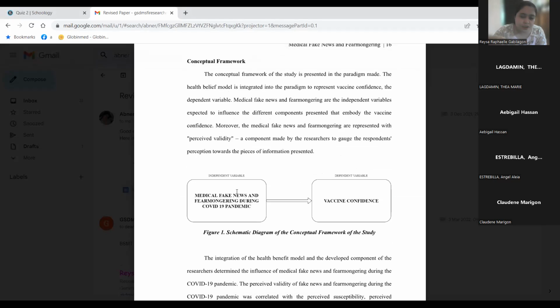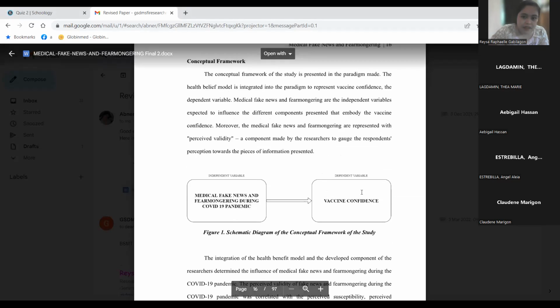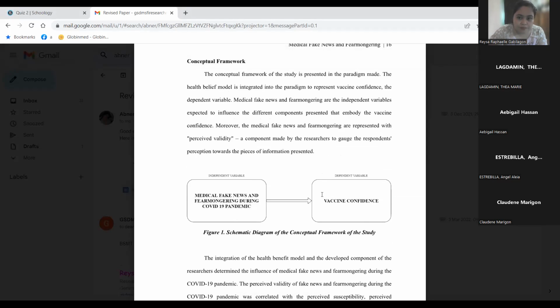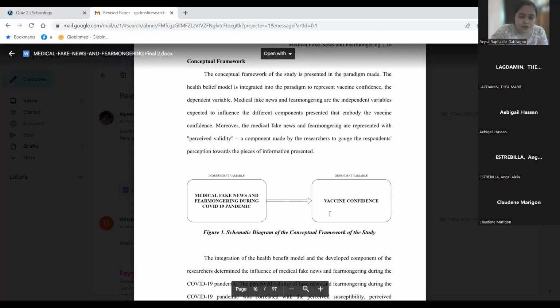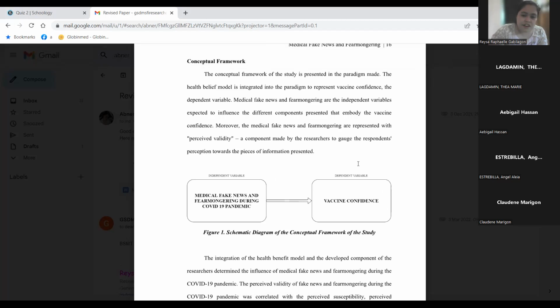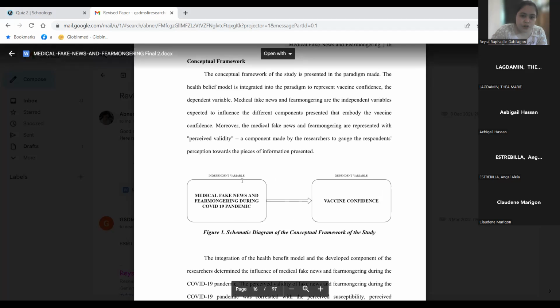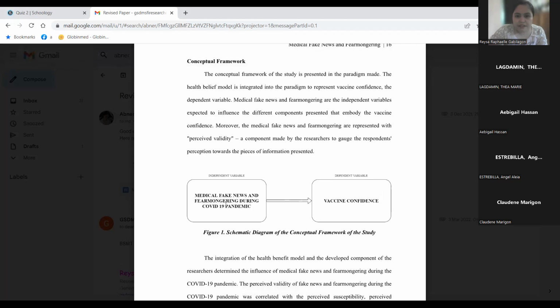Ito nilagay nila sa questionnaire. Okay? Tapos, in-identify nila kung naniniwala ba yung person or yung kanilang respondent sa fake news or hindi. Tapos, the arrow goes to the dependent variable, the outcome. So, kung naniniwala ba sila dito, anong mangyayari sa vaccine confidence? So this is the variable that will be changed or will be affected based on the independent variable.